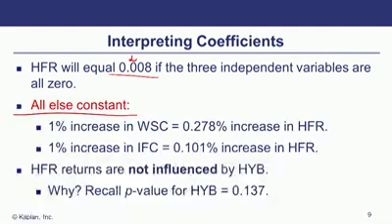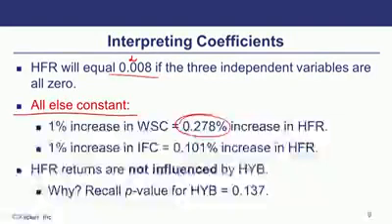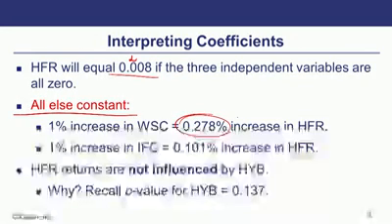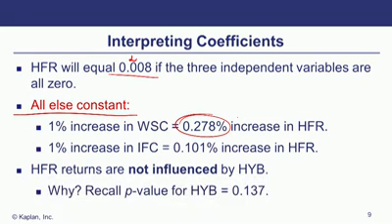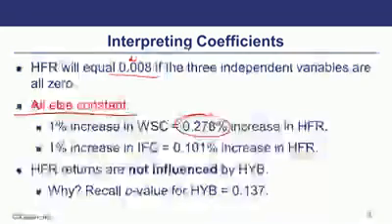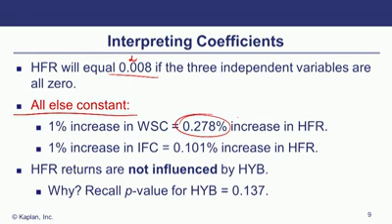Because the Wilshire slope, the small cap slope, was 0.278, we can say that for a 1% change in the return of the small cap index, hedge fund returns will move by 0.278%, holding everything else the same, holding high yield bonds and emerging markets constant. So these are indeed partial slope coefficients, or partial sensitivities, holding everything else the same.